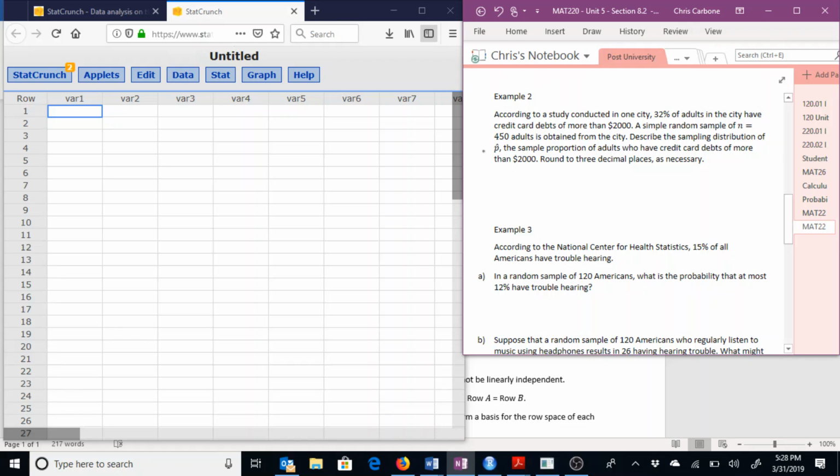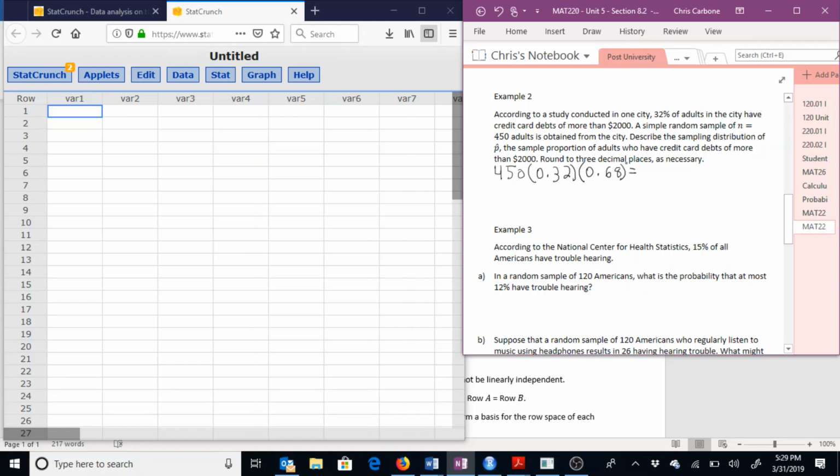So to verify that this is going to be approximately normal, we're going to do 450 times 0.32, times 1 minus 0.32, that'll be 0.68.